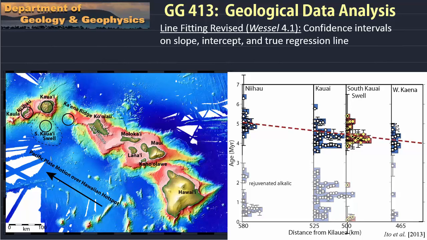But in addition, that's not the only thing that controls the ages of these lavas. As you can see, there's variability at a given volcano about what might be the true linear trend. And that variability is related to the eruptive history of individual volcanoes. That's sort of not directly associated with that true linear trend caused by the plate motion.